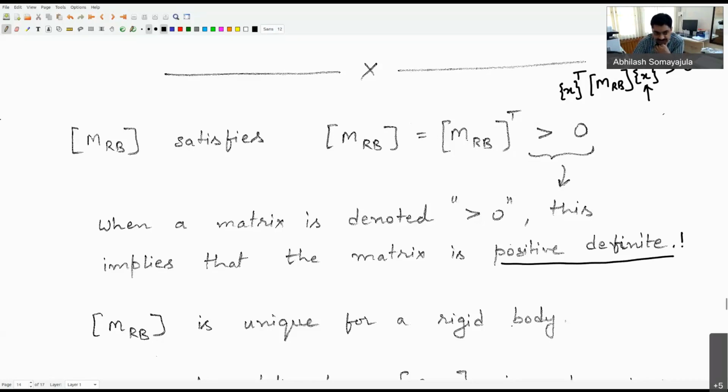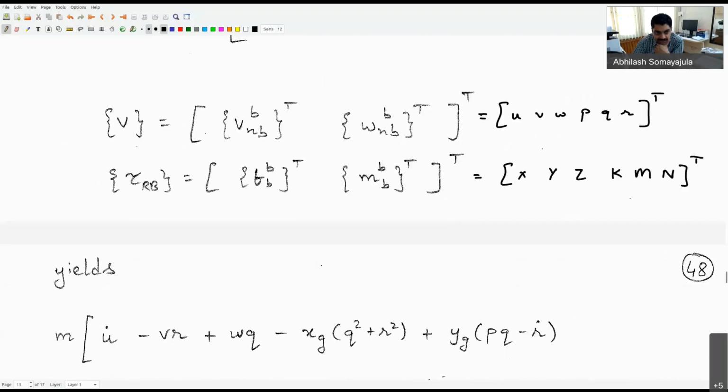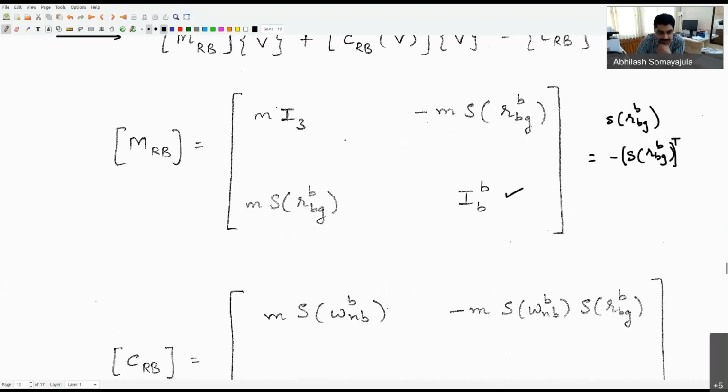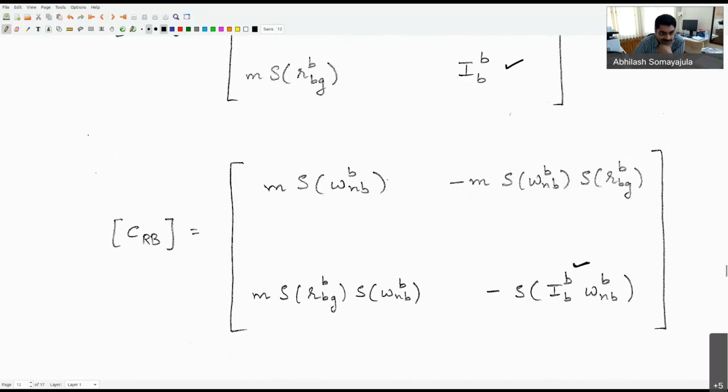And you'll also observe that the representation for MRB, which we have found, is unique for a rigid body. However, the same is not true for CRB. The representation for CRB is not unique.